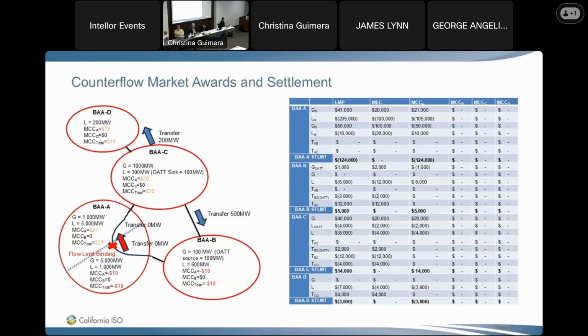Sorry. The transfer is TBC with the parentheses as O. That means they scheduled at the transfer, they submitted a self-schedule exporting out 100 megawatts from BAB. That cost is $2,000. That is just the marginal energy cost because the transfers are not going to reflect any physical congestion. In BAC, I have load that's being served.